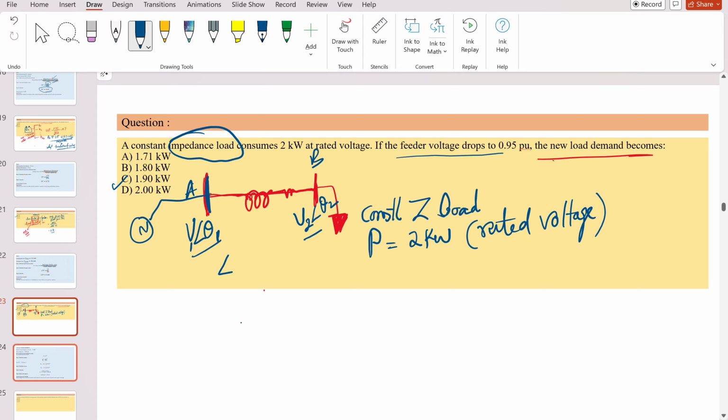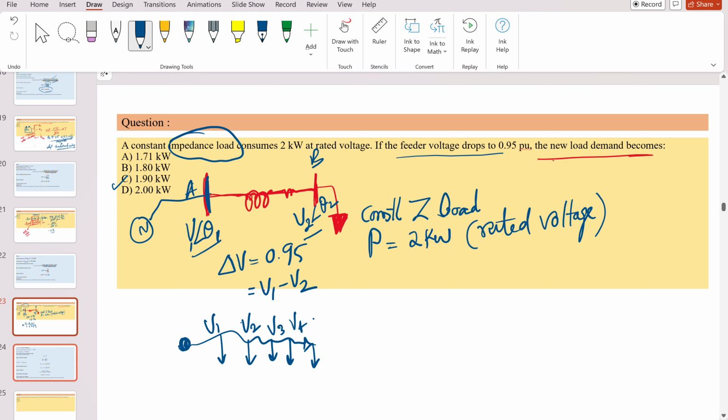So what is written is that the voltage drop delta V is equal to 0.95, which is V1 minus V2 basically. As you go from the sending end, the voltage keeps on decreasing, because the line impedance keeps increasing and the voltage drop increases further. Suppose this is a generating unit with multiple loads connected, and the voltages are V1, V2, V3, V4 and V5.